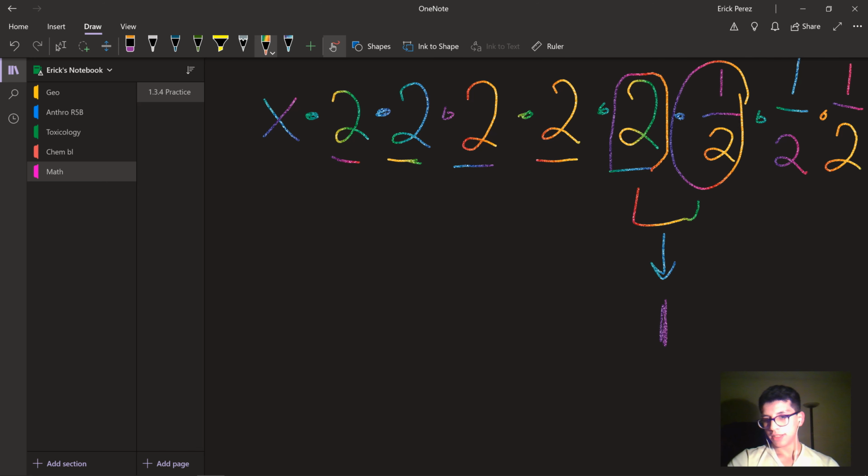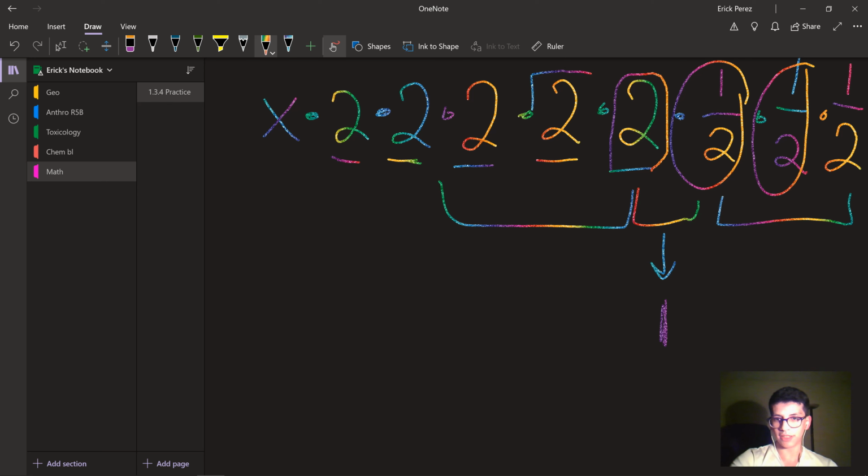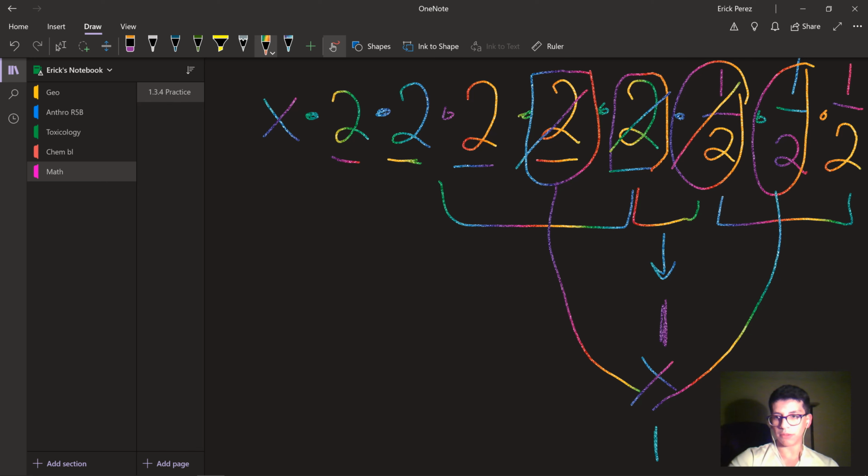We have 3 1/2s, and we have 3 2s, right? So if I bring this 1/2 and multiply it by this 2 here, they give me 1, right? So basically, every 2 crosses out a 1/2. See that? And what we end up with is just this here.